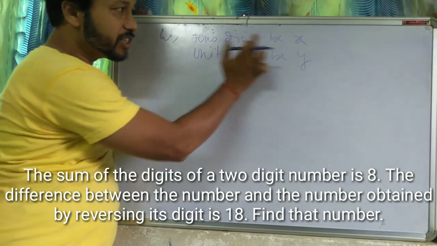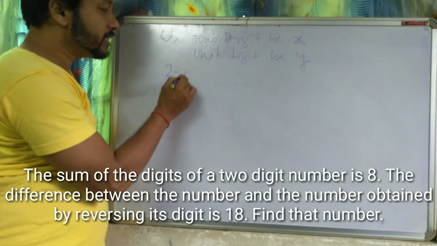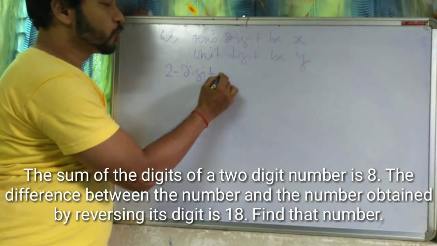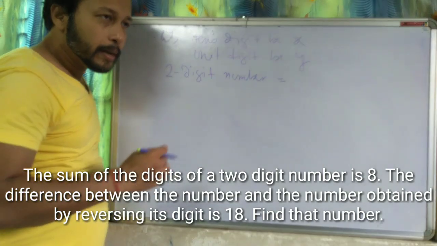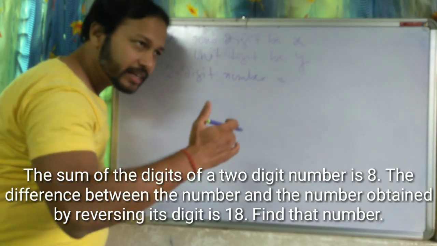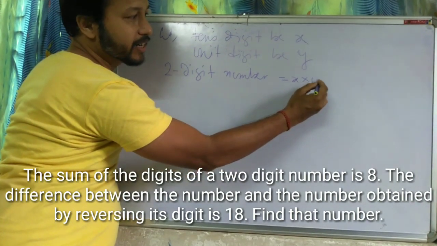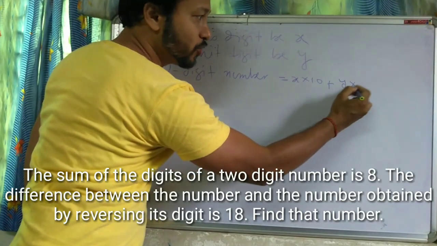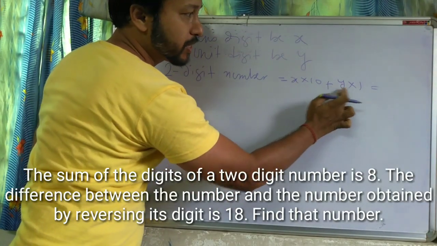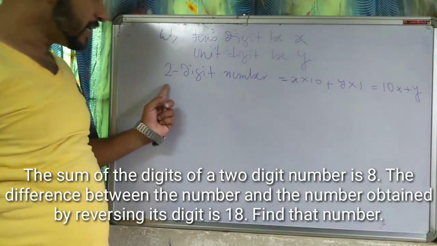If my tens digit is x and unit digit is y, then what is my 2-digit number? I told you, multiply 10 with tens digit, that is x, so x into 10, plus unit digit y, y into 1, that is 10x plus y. This is my 2-digit number.